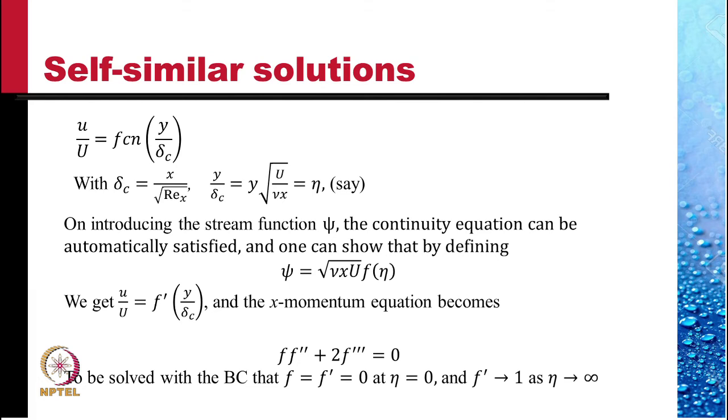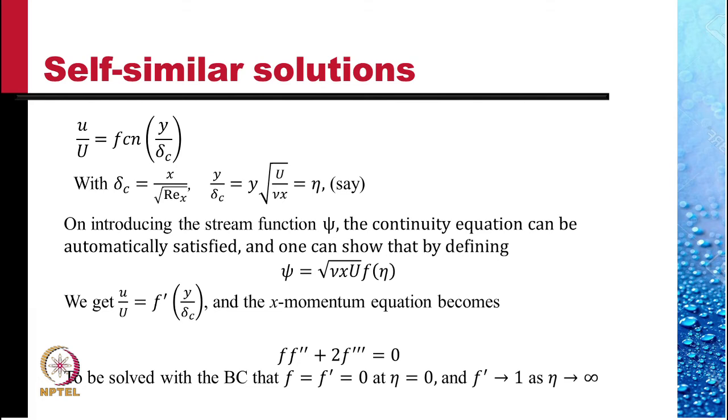Y by delta becomes y into square root of capital U divided by nu x, and we call it eta. So eta is now a composite variable that varies like y over root x.